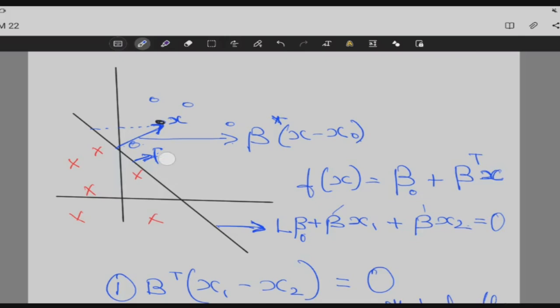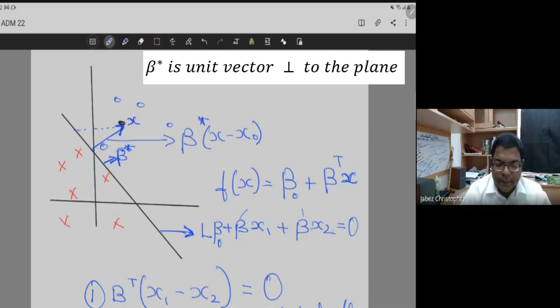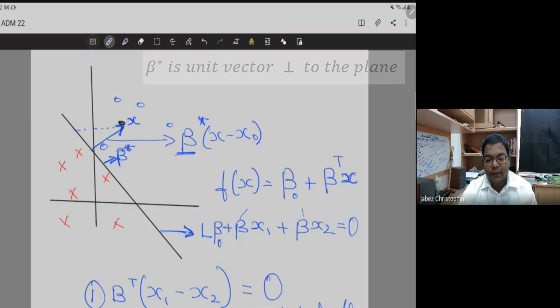Okay, this is beta star, the normal to the plane. So I have a point x, and the distance of this point is going to be the distance of any point on the line minus the distance of this point, into this beta star. Clear? Any doubts about this?